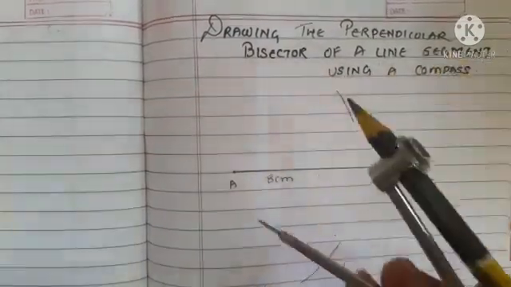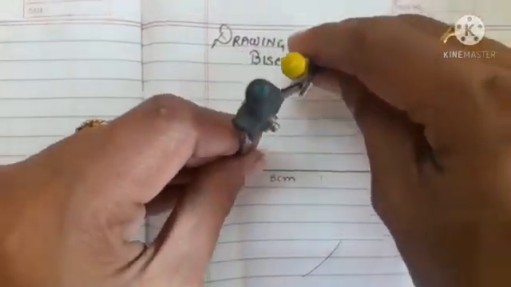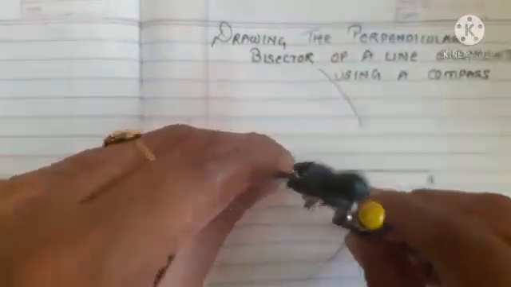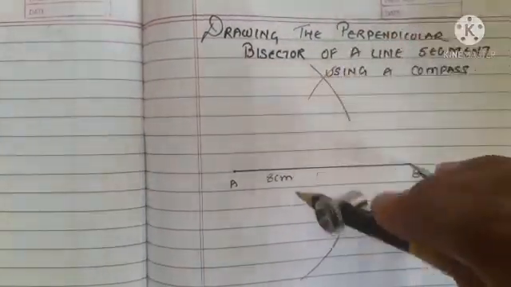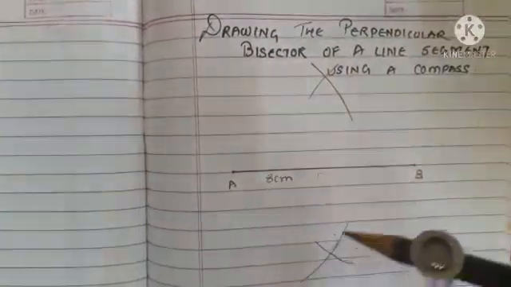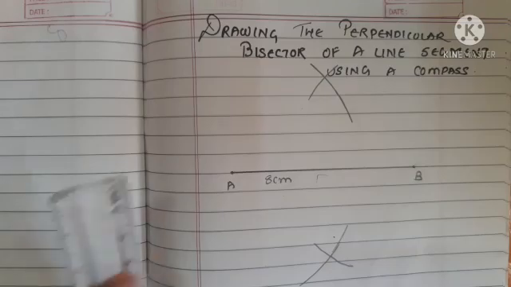Now here it is not cutting, so we have to draw a little bigger arc this way. Now keeping the compass point on B, we will cut this arc. This way we have drawn 2 arcs above and below the line segment.